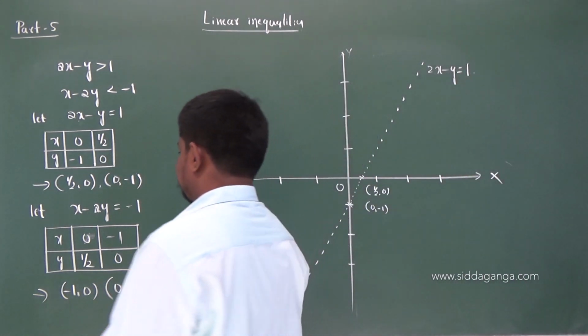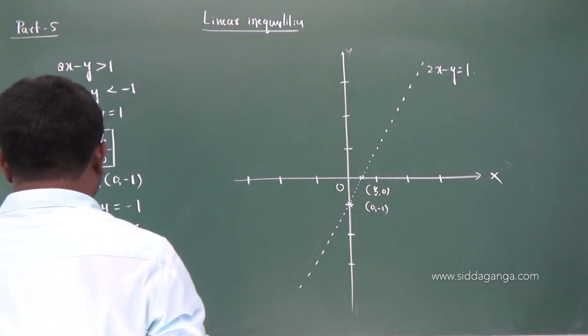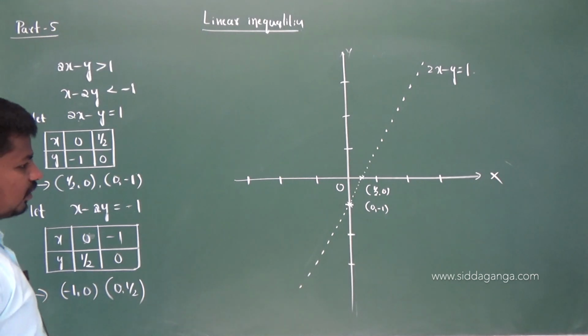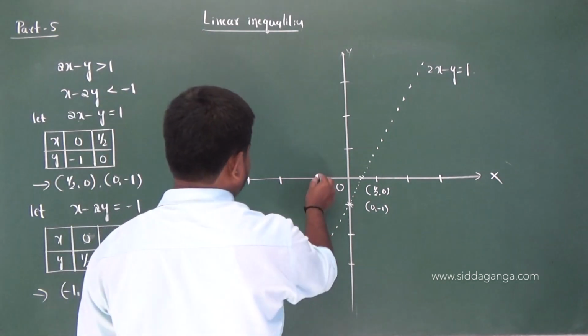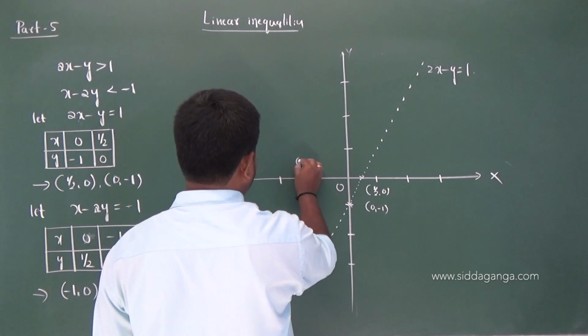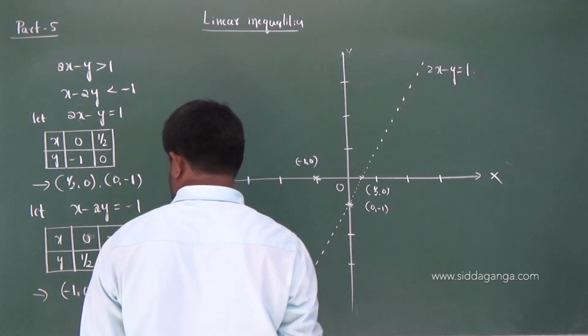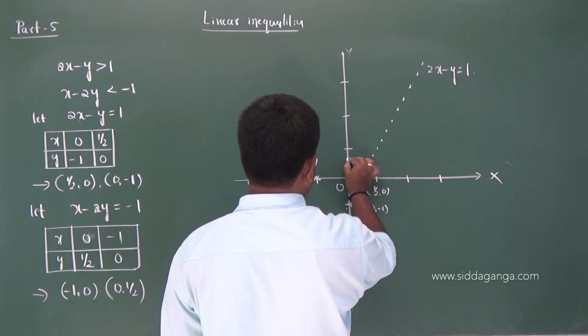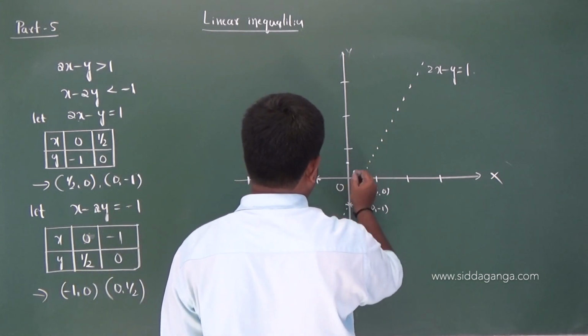Next one, x minus 2y is equal to minus 1. When x is 0, y becomes 1 by 2. When y is 0, x becomes minus 1. So minus 1 comma 0 is a point, and next 0 comma 1 by 2. This is your 0 comma 1 by 2.